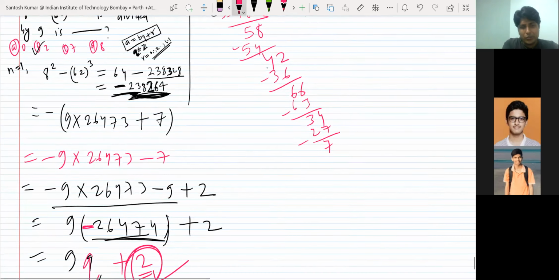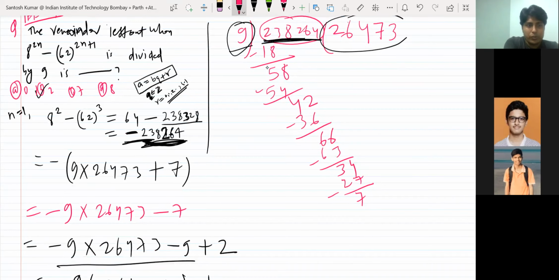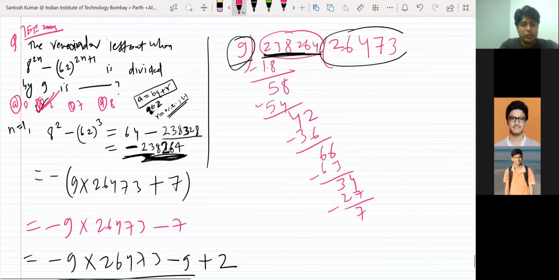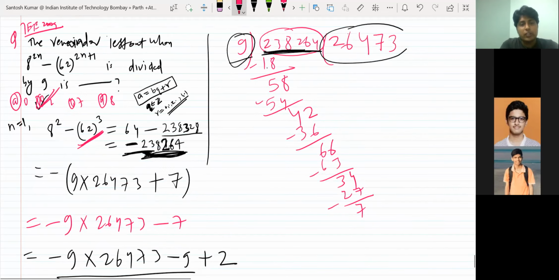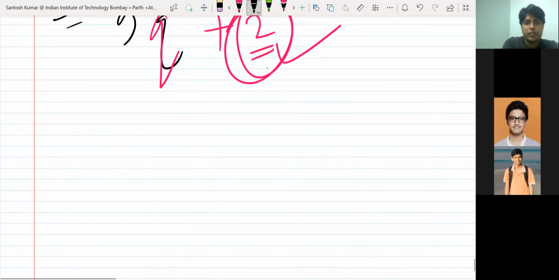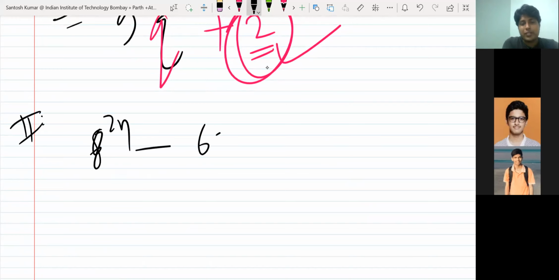You can do it another way also. I took n as 1, and the problem was finding the cube. Otherwise, we can try the expansion method. So the second method: it is 8 raised to power 2n minus 62 raised to power 2n plus 1. 8 raised to power 2 is 64, so you can write 64 raised to power n.